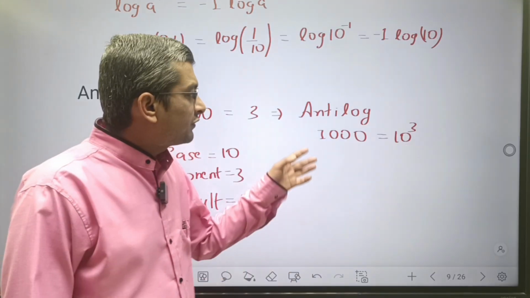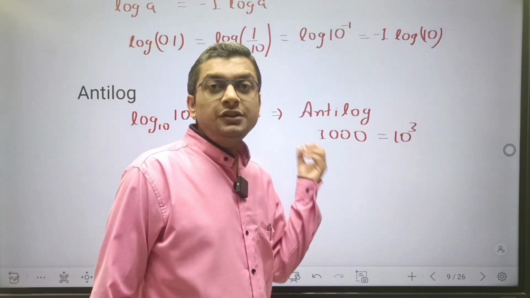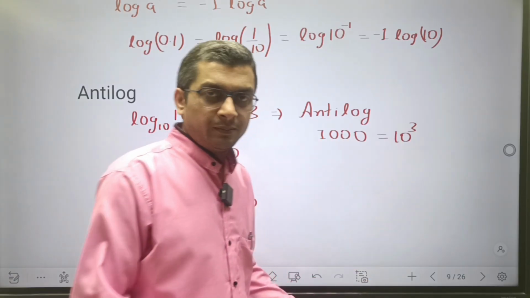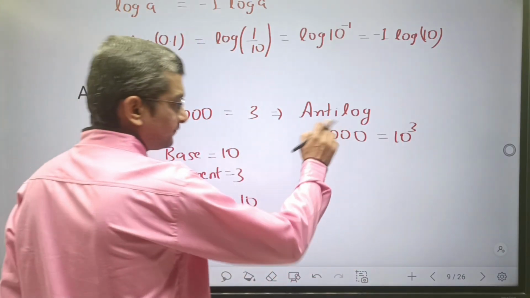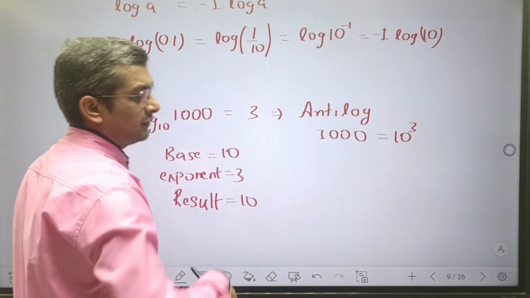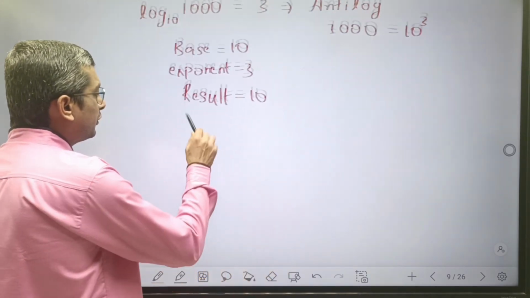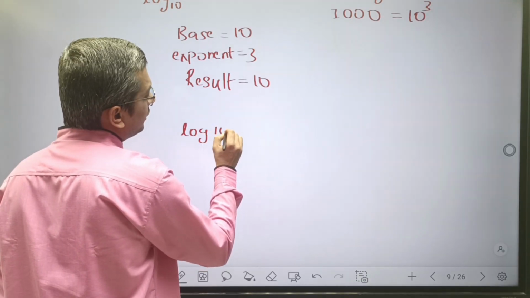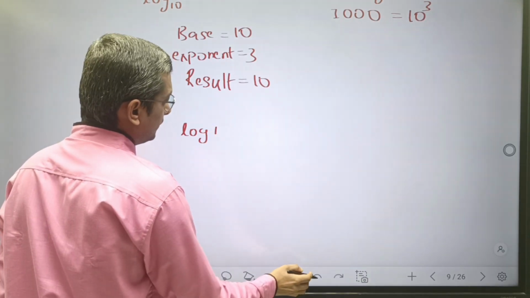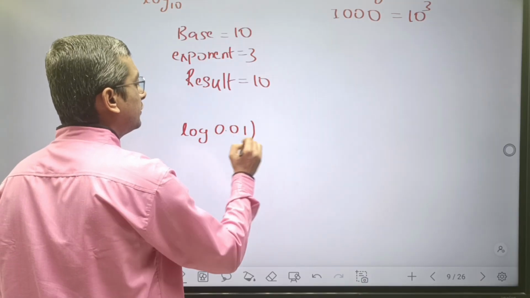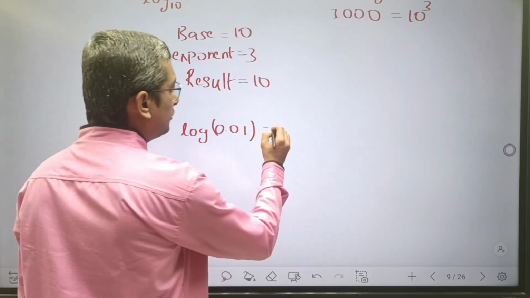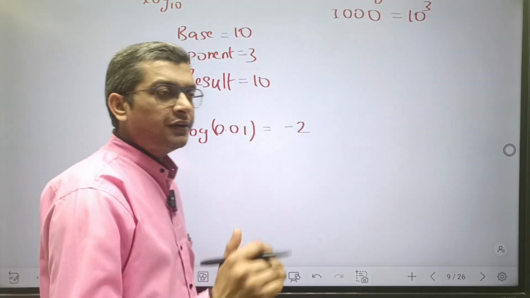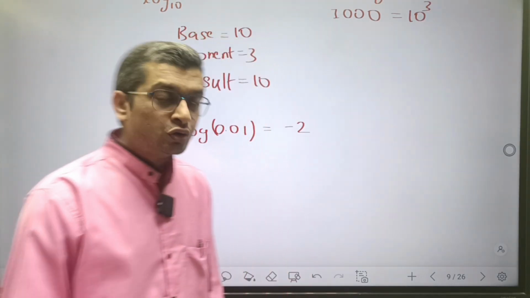Actually, we started the topic of logarithm in this way. First we write the expression and then convert it into logarithm, so whatever we get here is the same from where we started this topic. In general terms, for example, if you write log of 0.01 is equal to minus 2, because 0.01 can be written as 1 by 100, and 1 by 100 is nothing but 10 to the power minus 2.